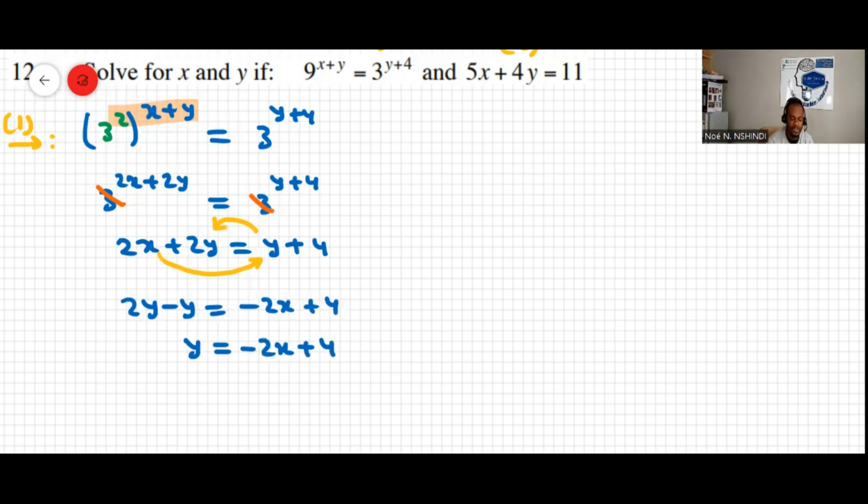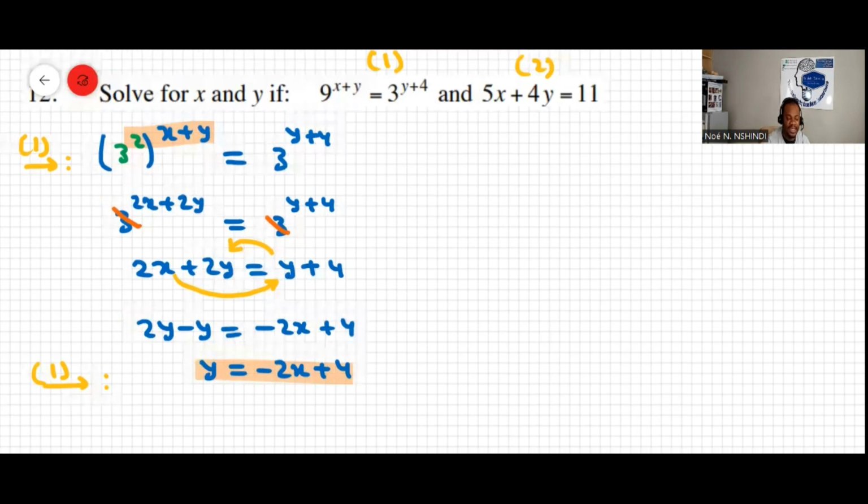Now I express equation 1 in terms of y. It's still the same equation, but this time expressed in terms of y. Then remember they say solve for x and y. So instead of writing y, we can substitute the value -2x plus 4.